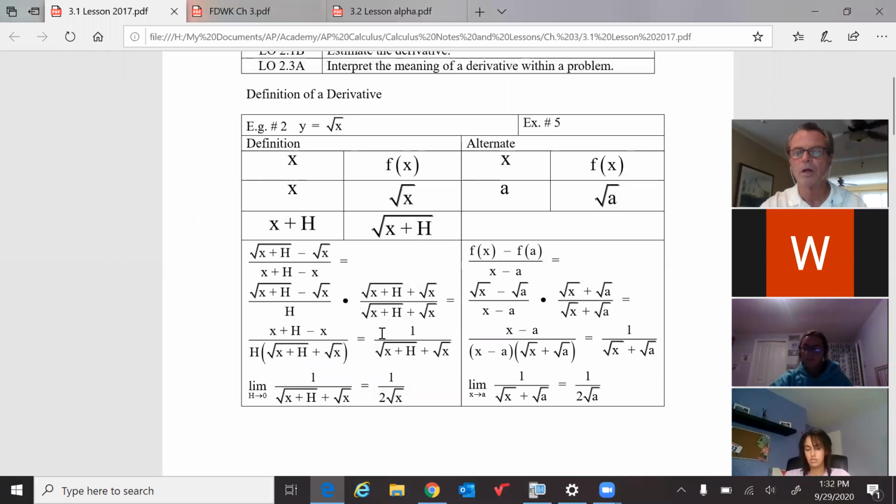So you're going to do this algebra here for problem number 5. Now, if you look at 5, it says use the alternate definition. I did not use the alternate definition in the solution. I did it this way, okay? So it's better for you to make this your model as you do the algebra.